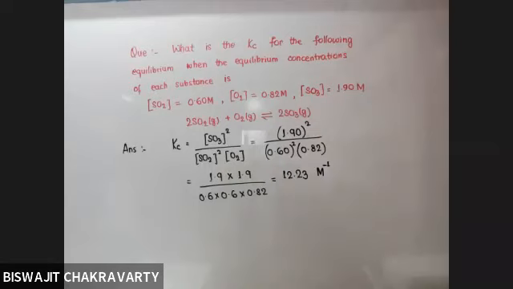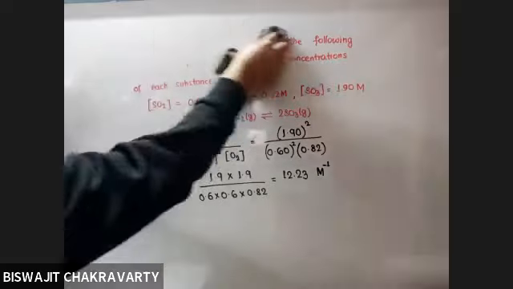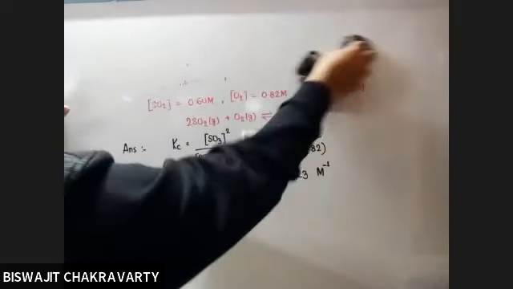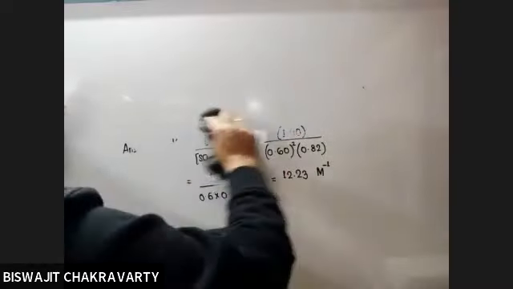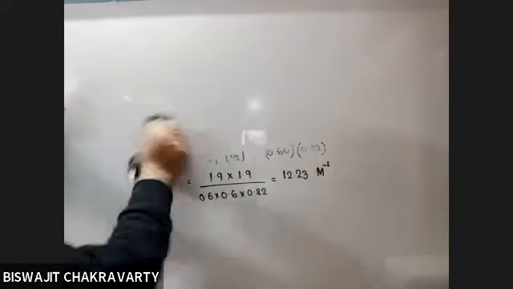Okay. So here directly the concentrations at equilibrium are given, so we have written the values directly in the expression of Kc. So there is no such complication.